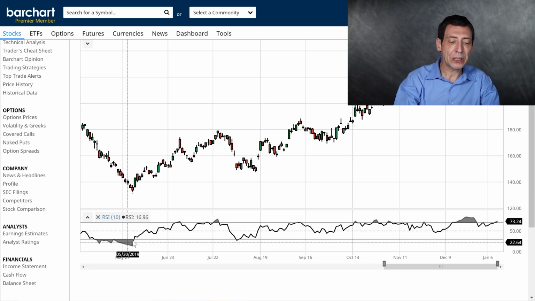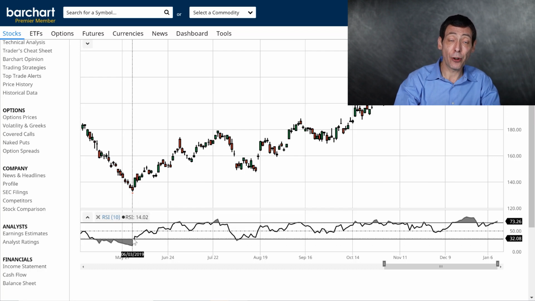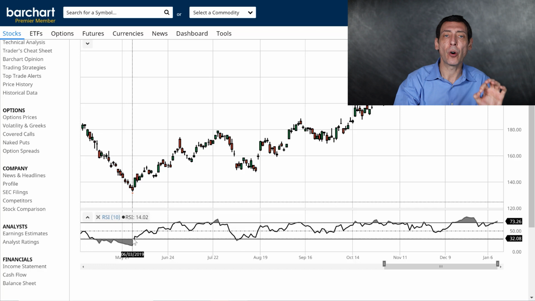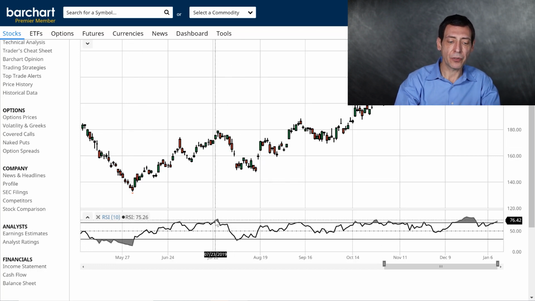So again, May 27th, notice here we hit a bottom. RSI went to 14. Anything below 30 means we're oversold. So we went as low as 14. Again, over here RSI was at, let's see here, 79. Anything above 70 is overbought.